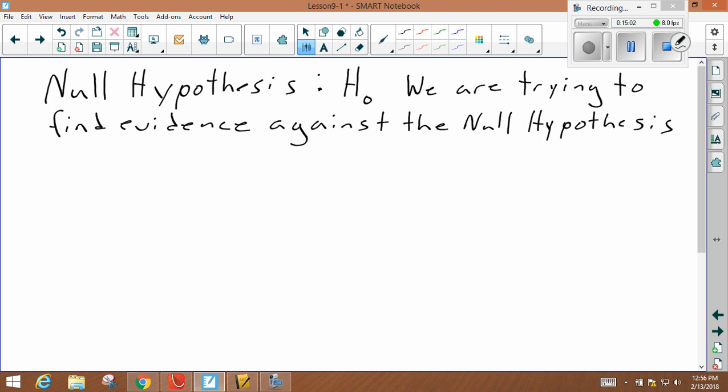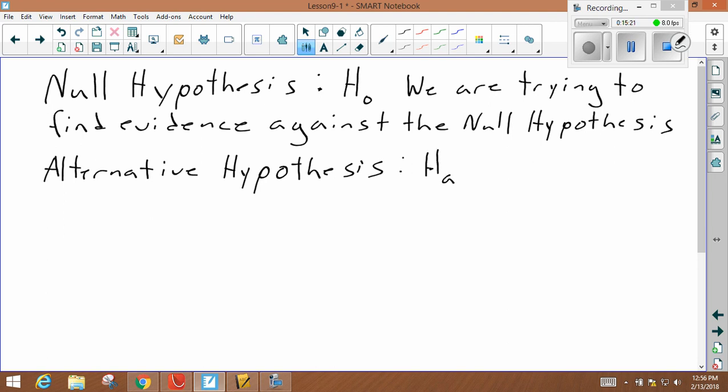So we want to find evidence that the null hypothesis is not true. Our other hypothesis that we'll deal with is our alternative hypothesis. And the notation we'll use for that is H sub A, alternative hypothesis.